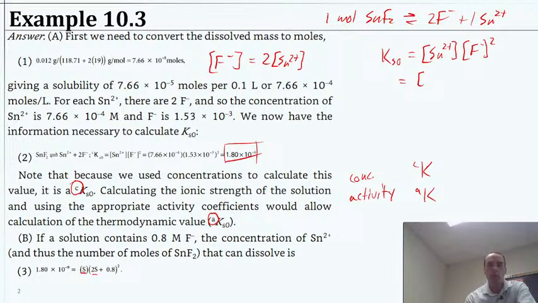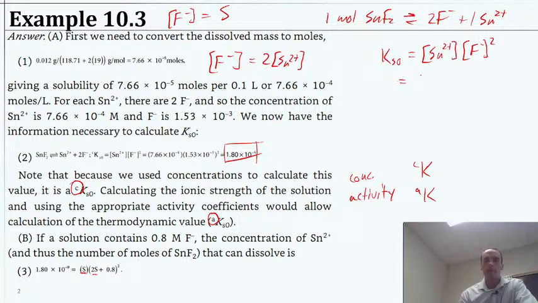Did I do this part right? Help me check this logic here. For every time we dissolve one of these molecules, we end up with 2 F minus. That means the F minus is going to be twice the concentration of the other. Yeah. Okay, so if we say F minus is S, what I'm aiming to do is get at the equation they had there.